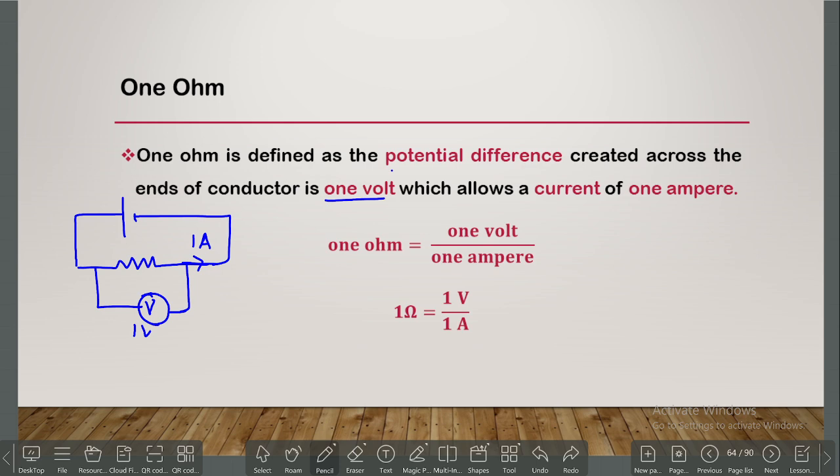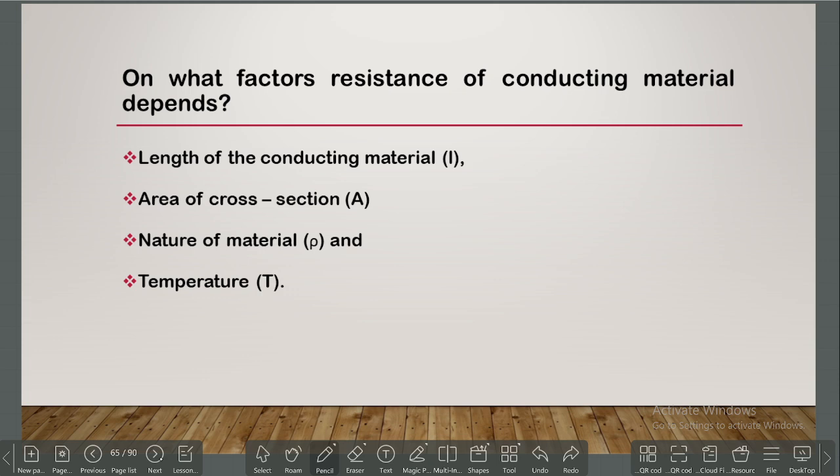Next, this resistance depends upon the following factors. Very important question: what are the factors on which the resistance depends? It depends upon the length of the conducting material, area of cross section, nature of the conducting material and temperature. On these four factors only the resistance of the conducting material depends.